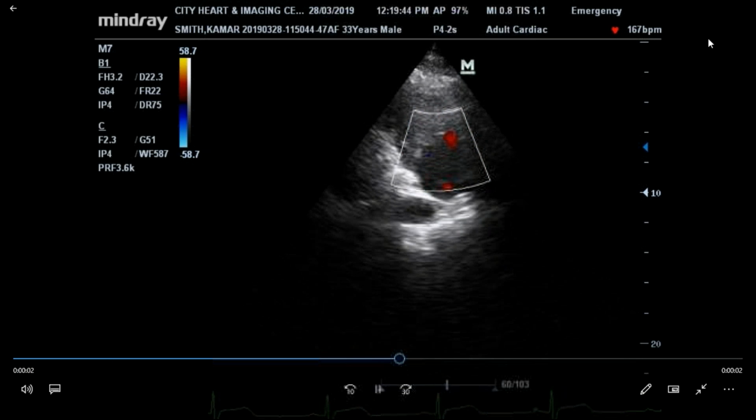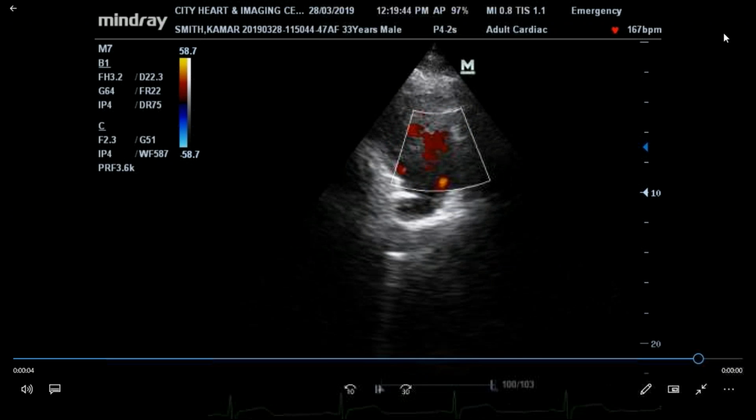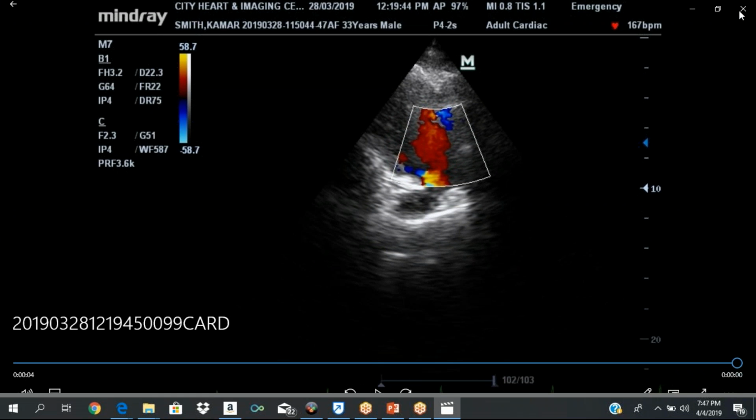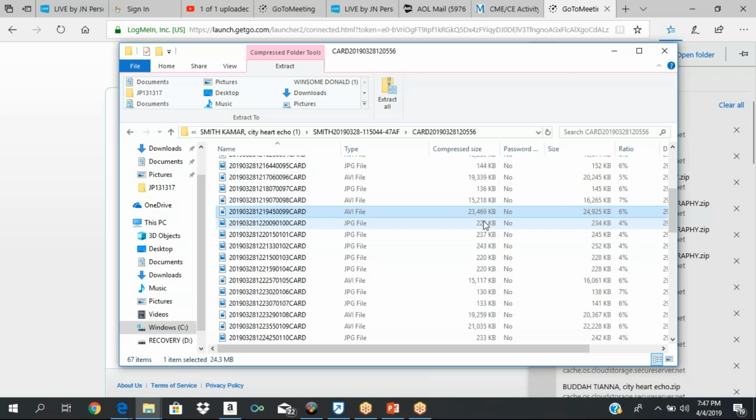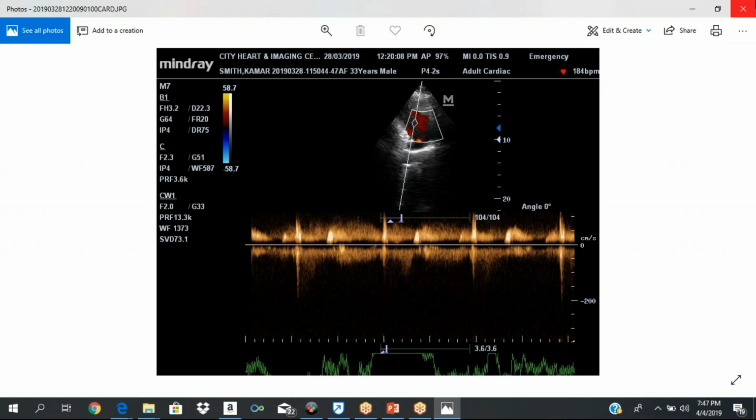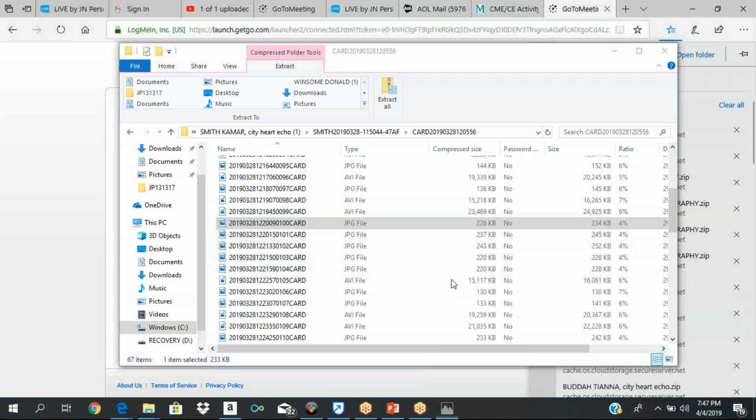We're not doing color with your RV inflow view, and we're not doing Doppler either.